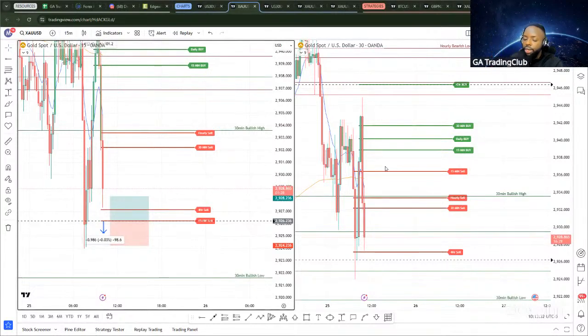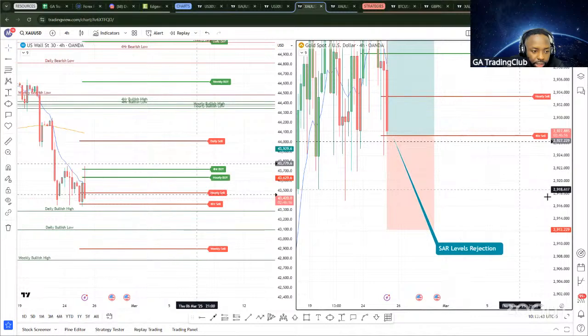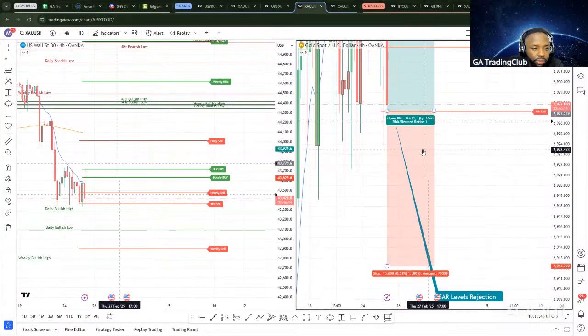We do get back up there. So we'll see how this one ends up going for this gold rejection one. For the 4-hour, let's see, almost tagged in for this 4-hour entry. So the tag is right there.